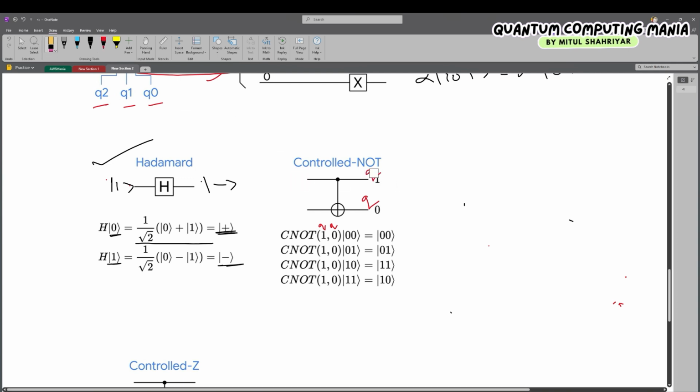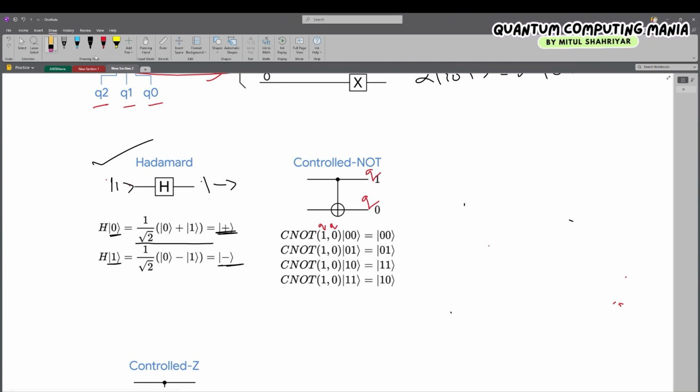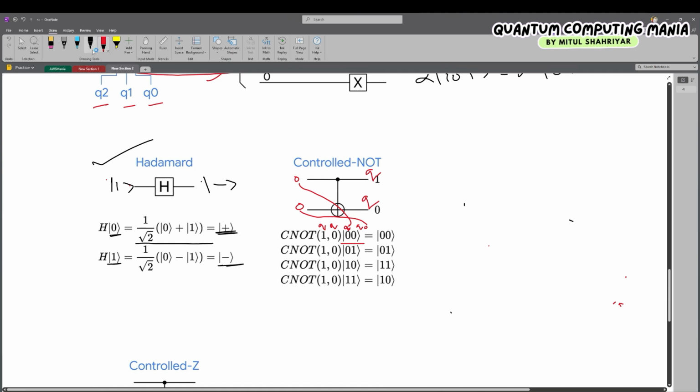So how does it work? For example, if we take this one, this is q1 and this is q0. We put the value 0 0 here. So let me show what's happening.